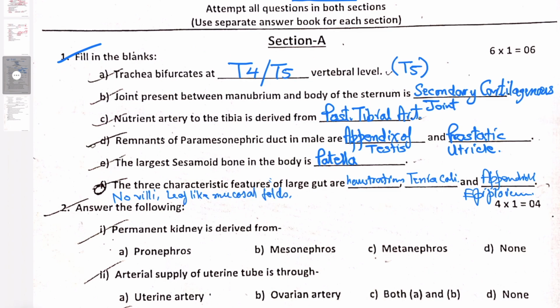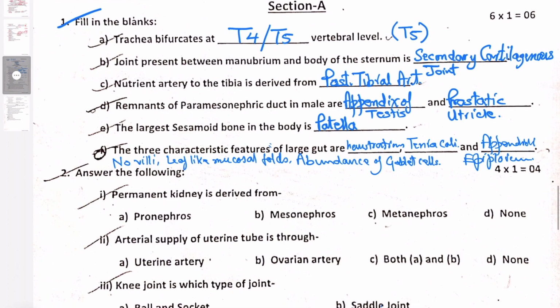Intestinal glands will be simple tubular or branched tubular, with an abundance of goblet cells. Solitary lymphoid follicles are distributed in the submucosa and lamina propria. Mucosal glands also. So that was about the fill in the blanks.